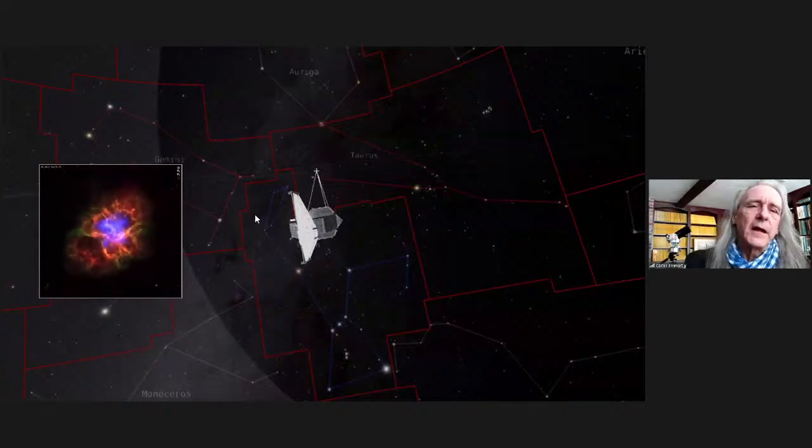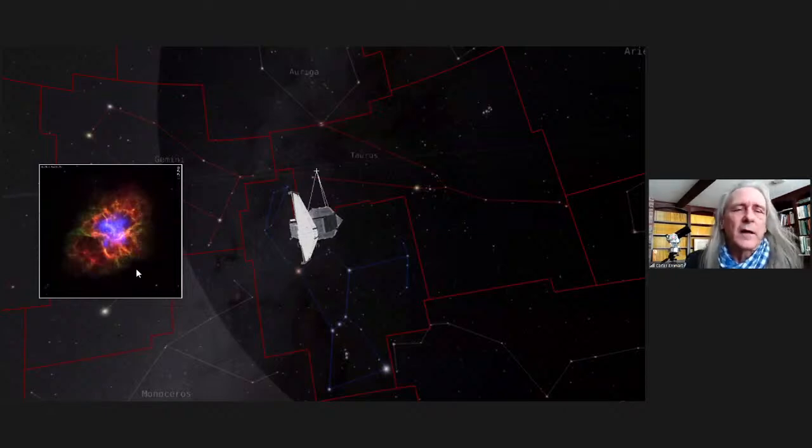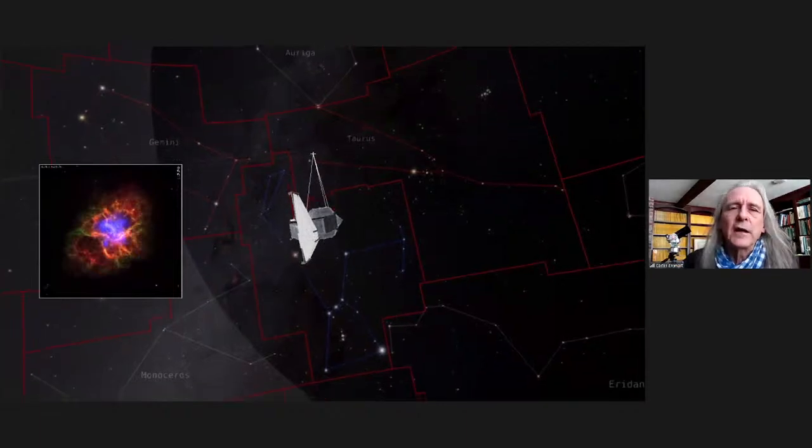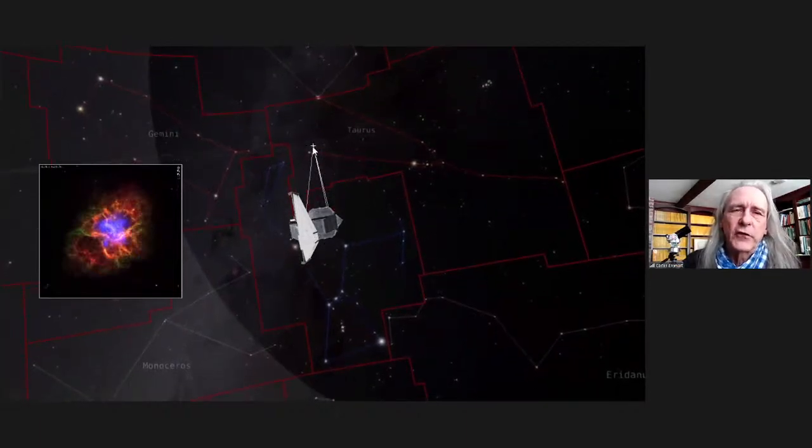Boom. And this is the remnant of a star that in 1054 there are records of seeing basically a bright star appear in the sky right there.